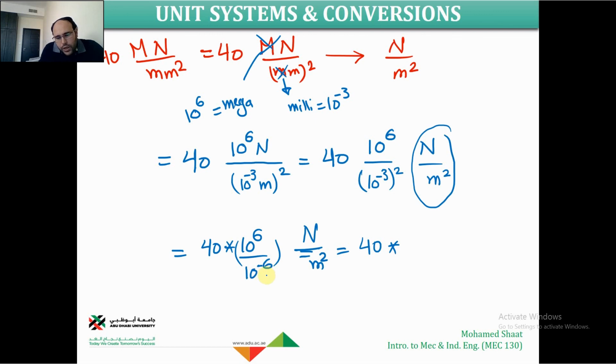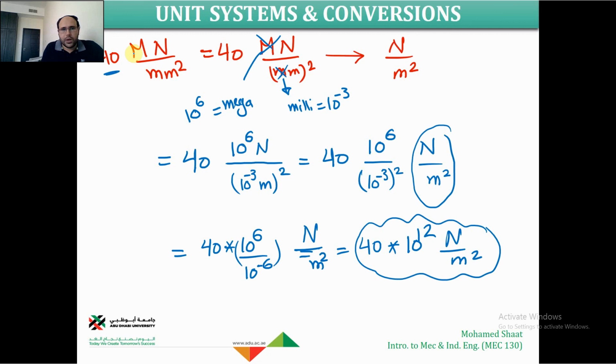So 10 to the power negative 6 will be moved to the numerator to be 10 to the power 12. You're just going to sum 6 and 6, which gives 12, as the exponent, Newton over meter squared. So this means that the 40 meganewton over millimeter squared is equivalent to 40 times 10 to the power 12 Newton over meter squared.